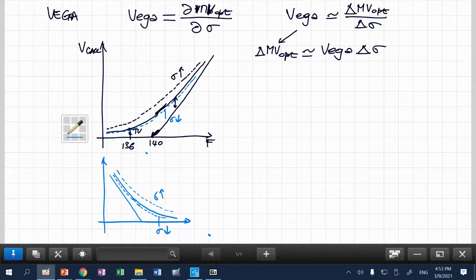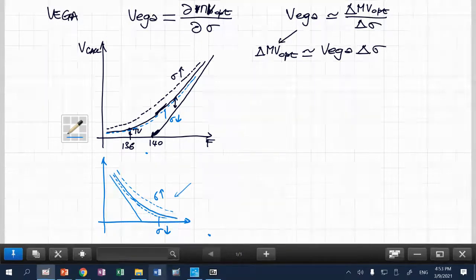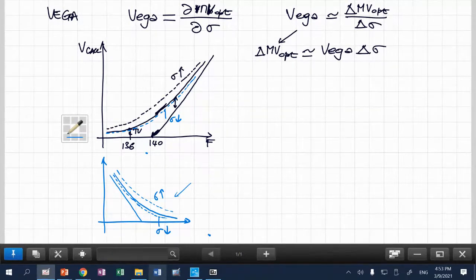It's not going up and down in a parallel fashion. Sorry for the quality of the picture here, which is imprecise, also due to some problems with the pen. But the key idea is that a higher volatility implies that time value is increasing, so the option is worth more. Lower volatility implies that time value is smaller, and so the option is worth less.